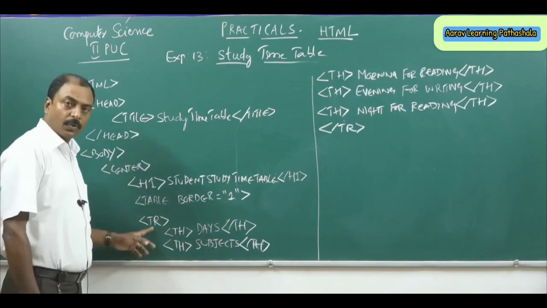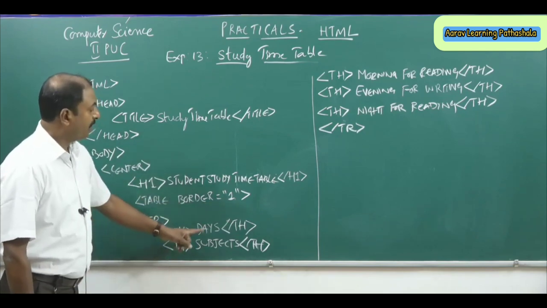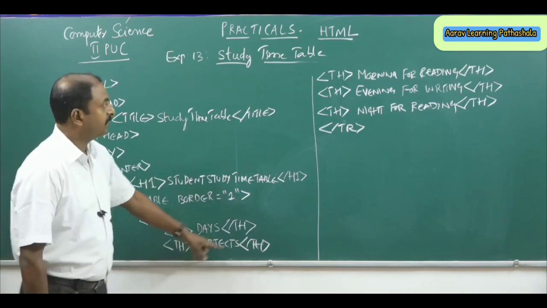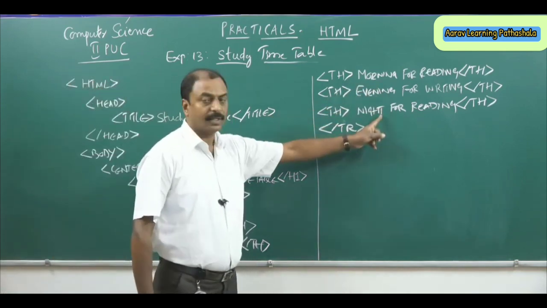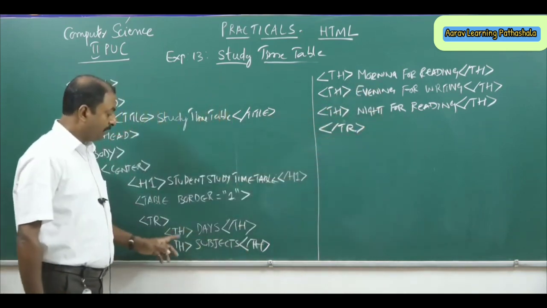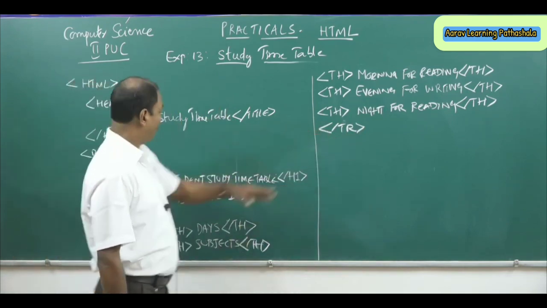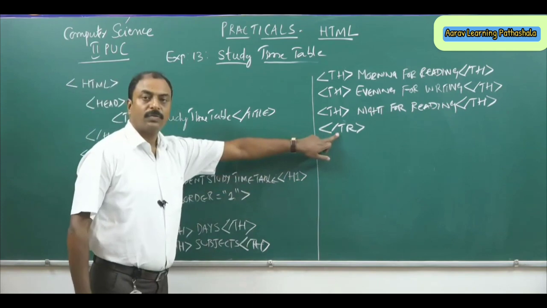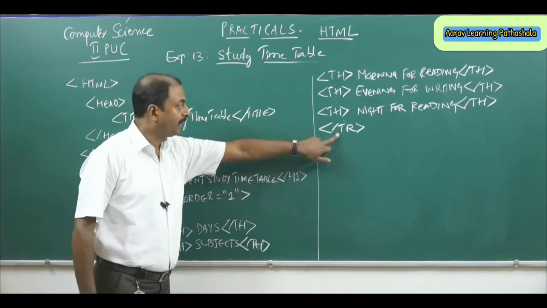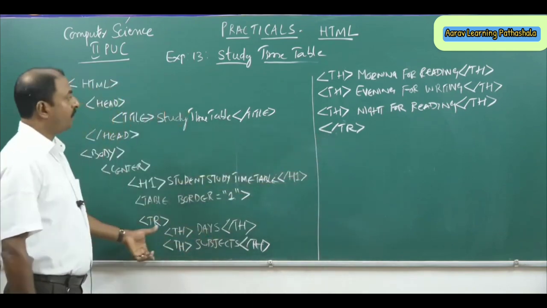This is the table row. In the first row we are displaying the data days, subjects, morning and so on as headings, so we have used the th tag here. Now we have closed the first row, the heading row.